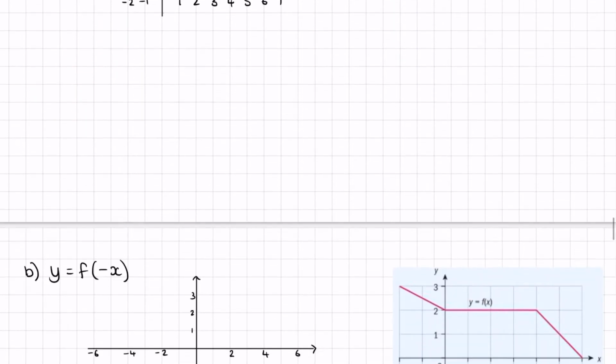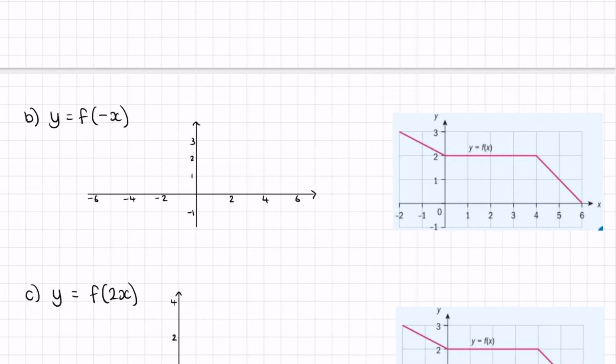B, y equals f of -x. That means it's a reflection because we're making something negative, and -x reflects across the y-axis. So everything's going to reflect across the y-axis. We're going to look at those 4 points again.